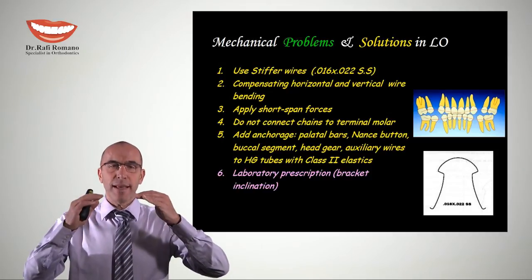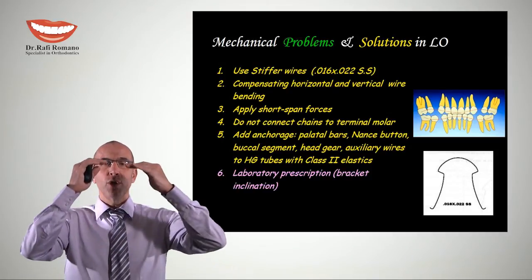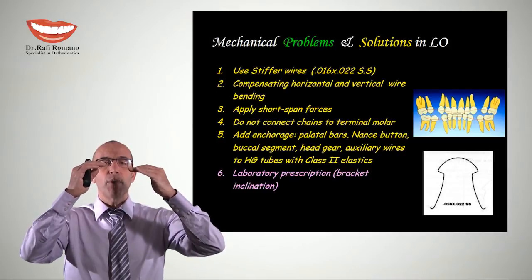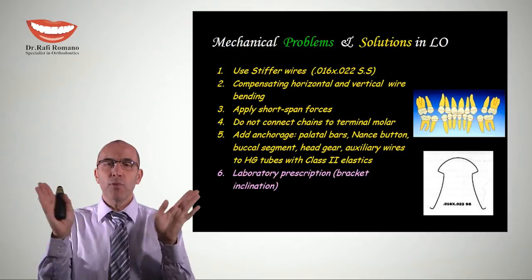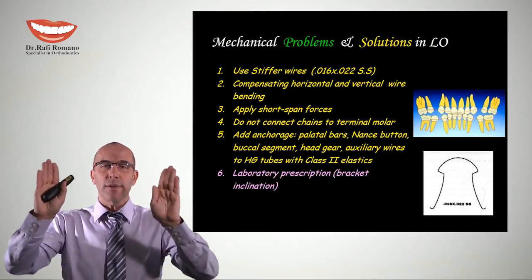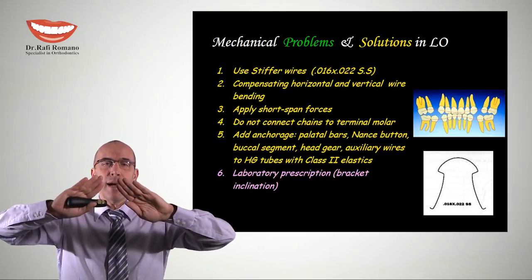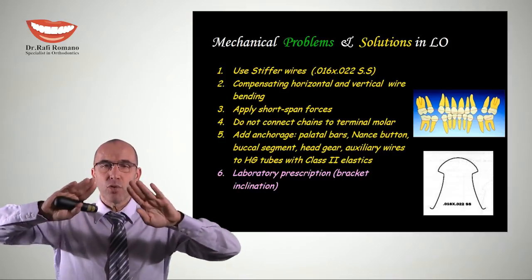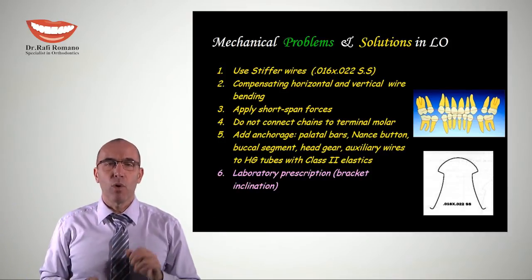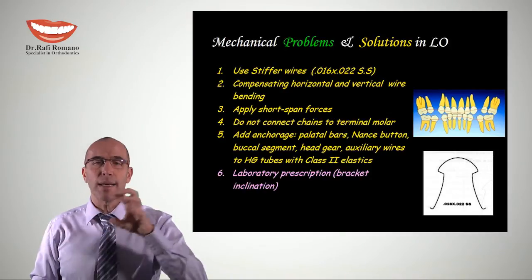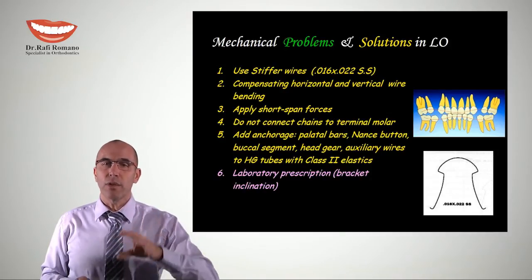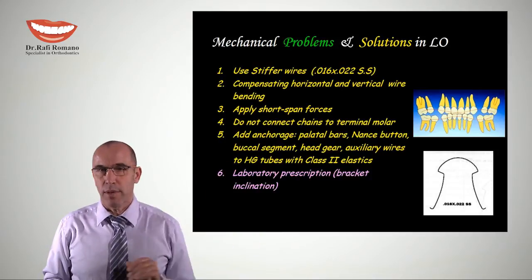If we have a tendency for the teeth to intrude, we can place the bracket more gingivally to have an extrusion effect. If we have a tendency for the teeth to incline, we can add some angulation to upright the teeth. All this can be done in the laboratory or in the planning of the customized bracket system like Incognito, eBrace, Harmony, etc.